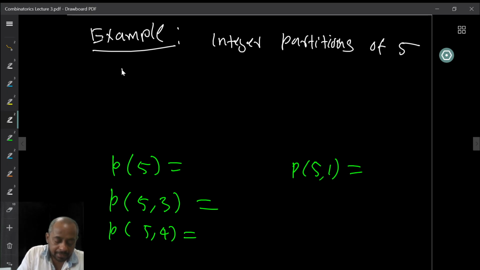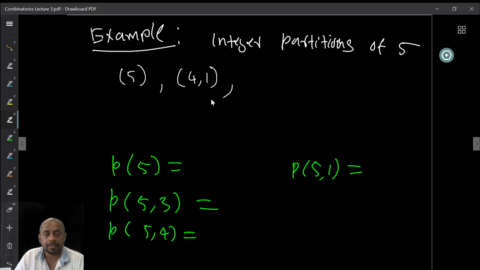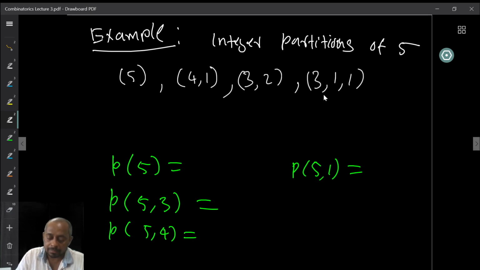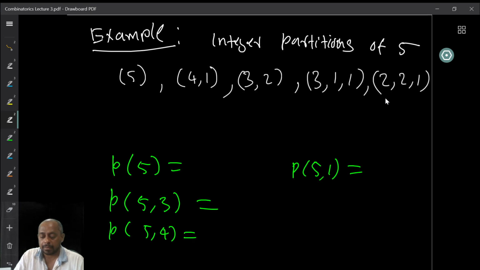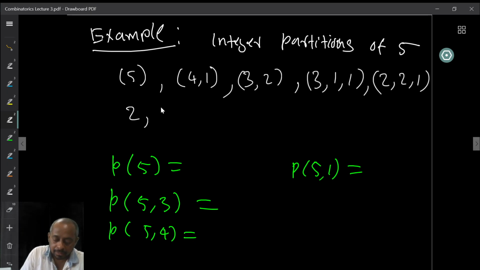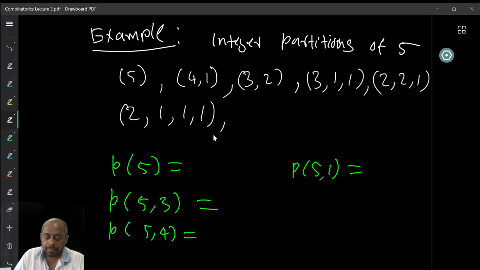Well, 5 can be written as just itself, or as 4, 1, or 3, 2, or 3, 1, 1, then 2, 2, 1, then 2, 1, 1, 1, then 1, 1, 1, 1, 1.